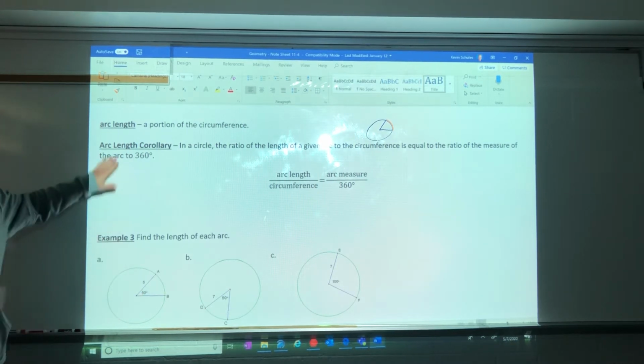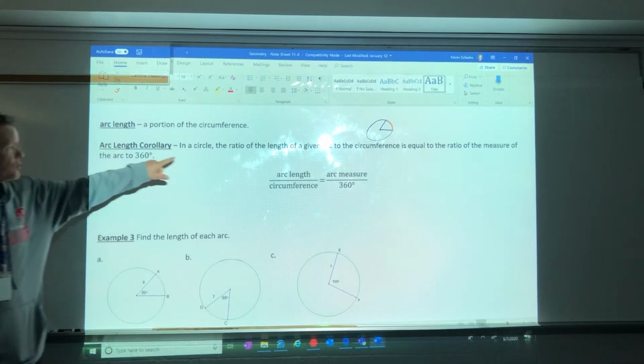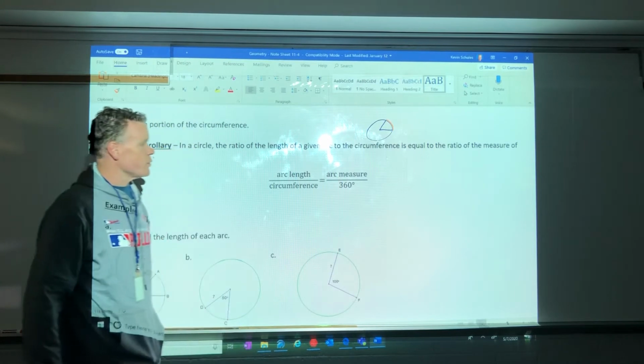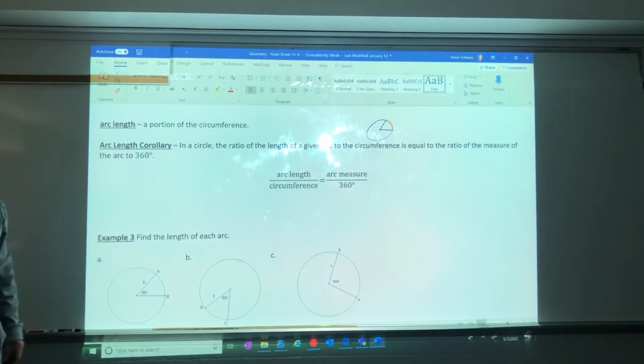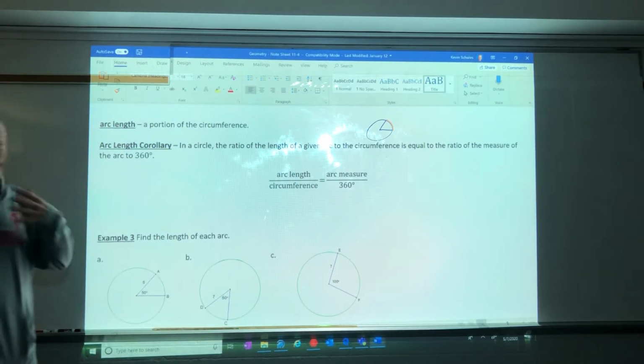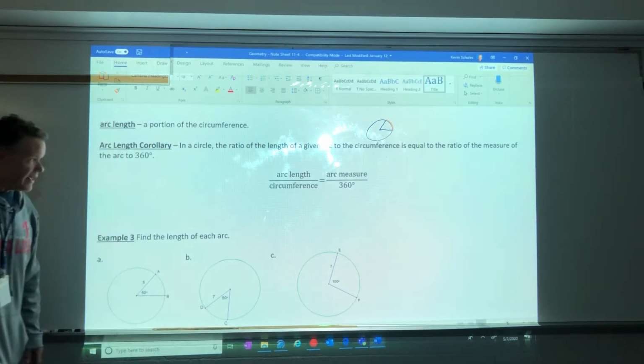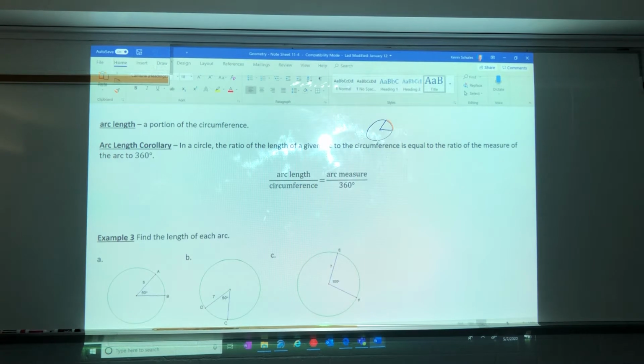So our corollary is: in a circle, the ratio of the length of a given arc to the circumference is equal to the ratio of the measure of the arc to 360. A lot of words, but simply put, this is the formula we're going to use: arc length over circumference equals arc measure over 360. Okay, and I like to write that out every time we do it, so we keep ourselves organized and on track.